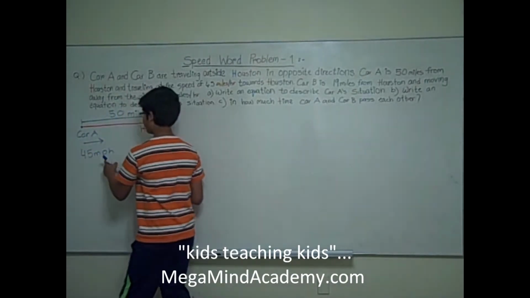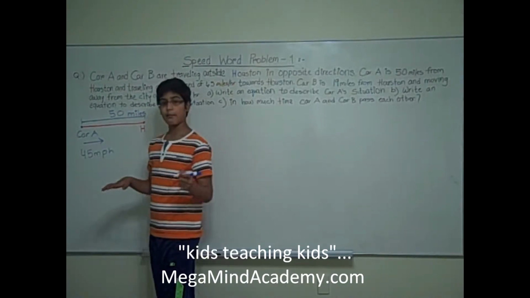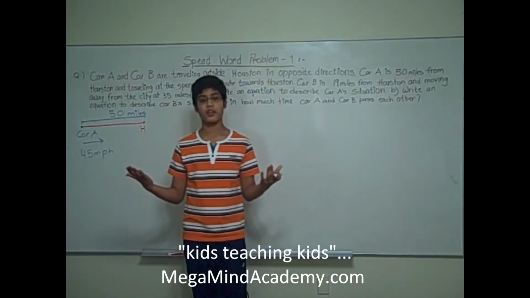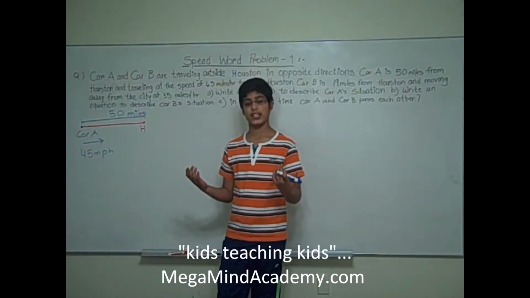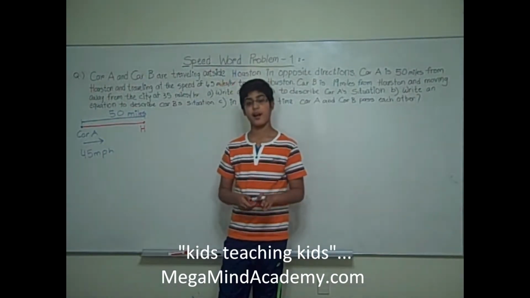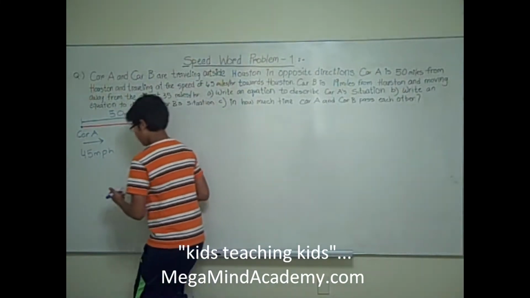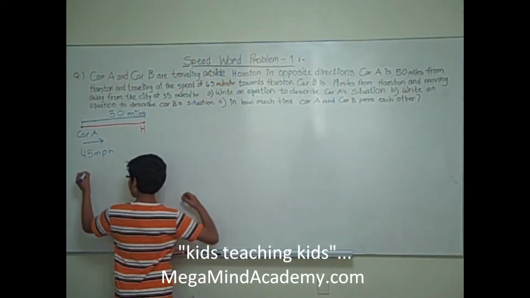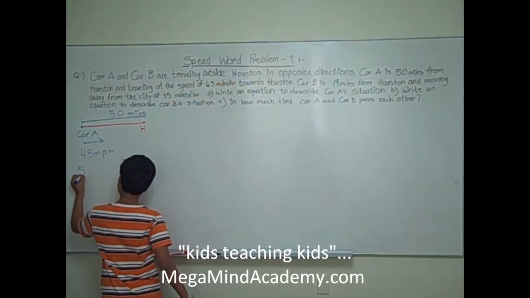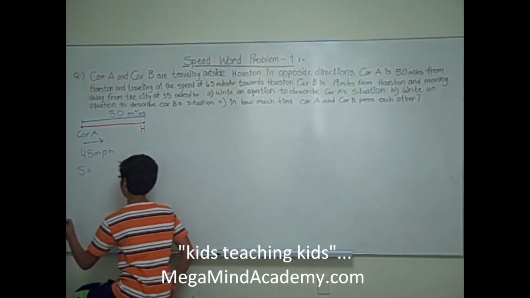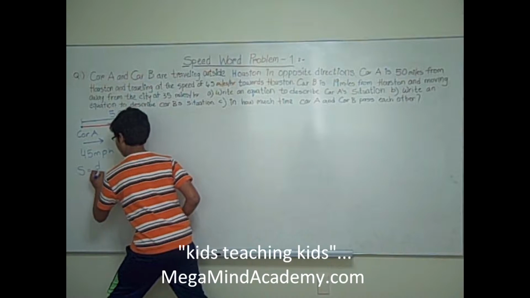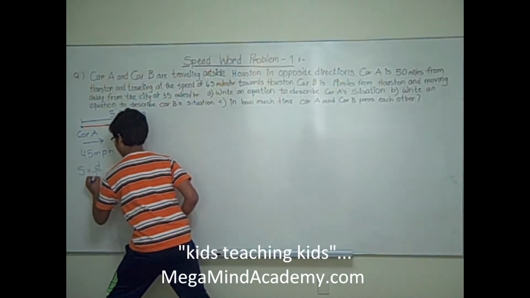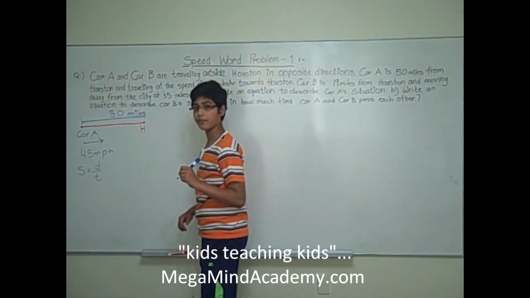mph, miles per hour. Now before we write an equation to show car A's situation, let's first get this formula drilled in our minds. So the speed, S for speed, is equal to D for distance over time, T for time.